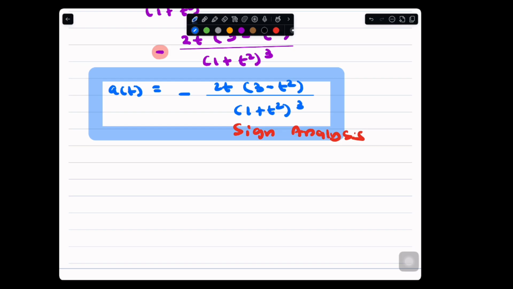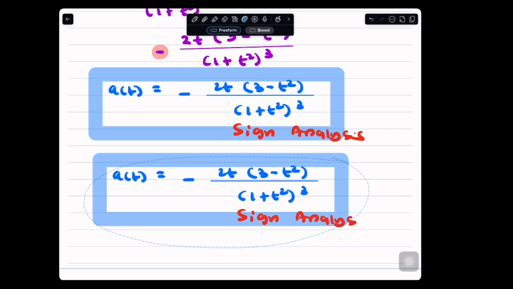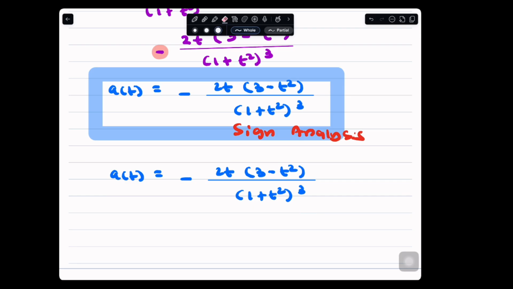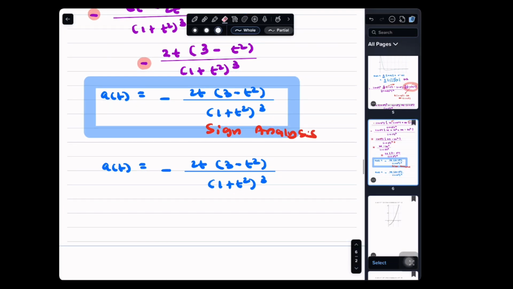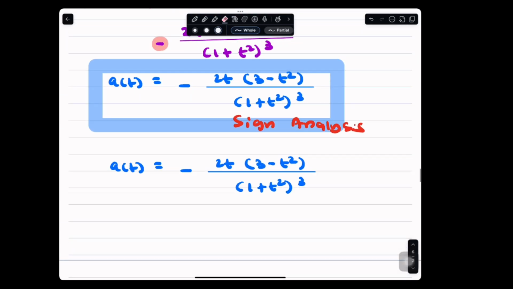Well, you got to find, let me copy this, again, we're going to need more space here. Where is the numerator 0?